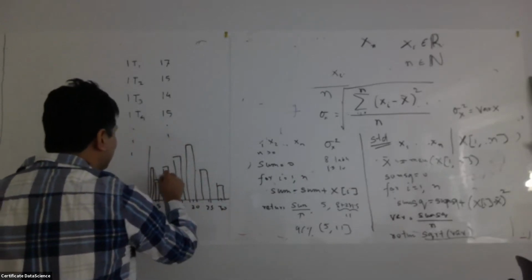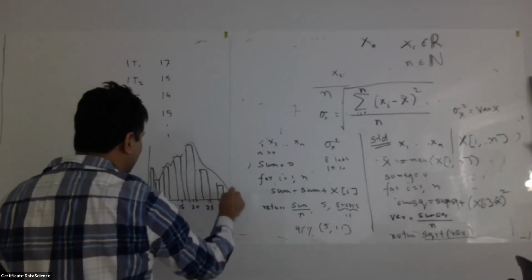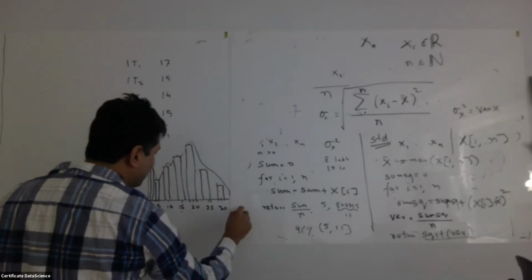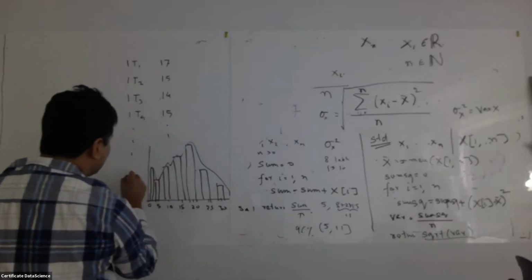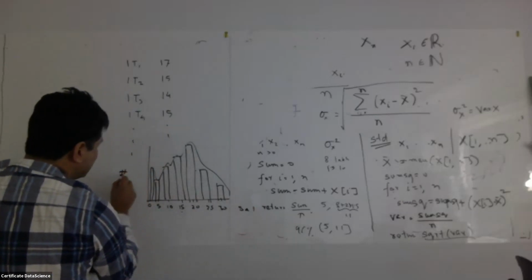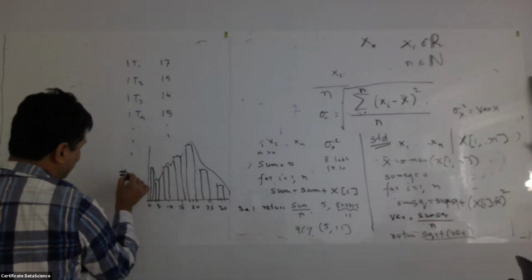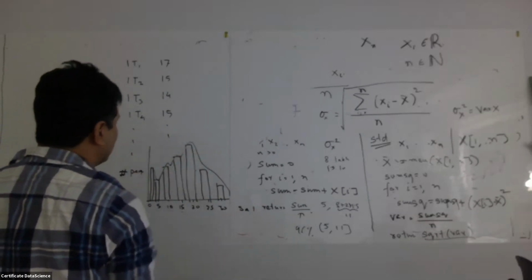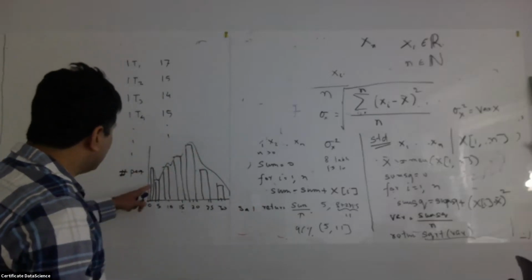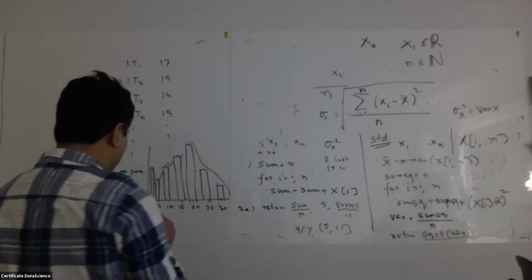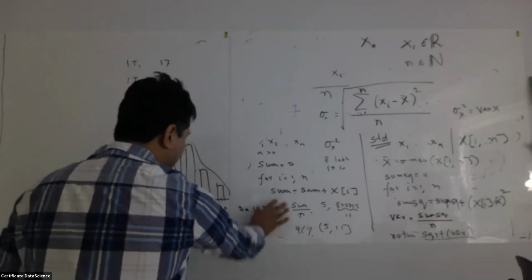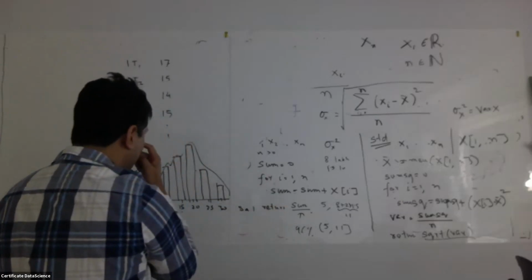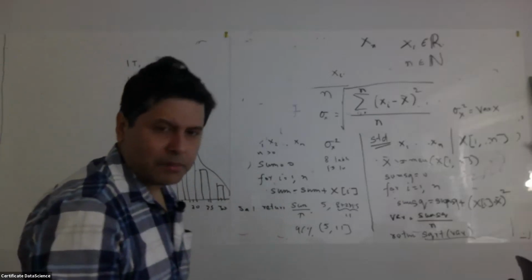This spread of behavior, what is this? This is the salary amount, and this is the number of people. You got this spread. The more people you collect, the finer the shape will be. Let me remove this and show you what would happen if you double the number of people you sample.